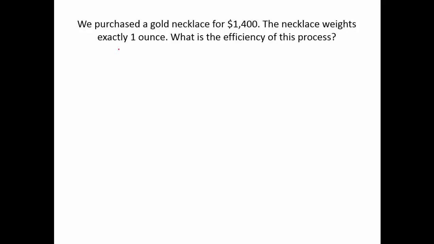So let's go ahead and start solving this problem. In this case, you have an input, and you started with $1,400 in cash, and then your output is 1 ounce of gold.